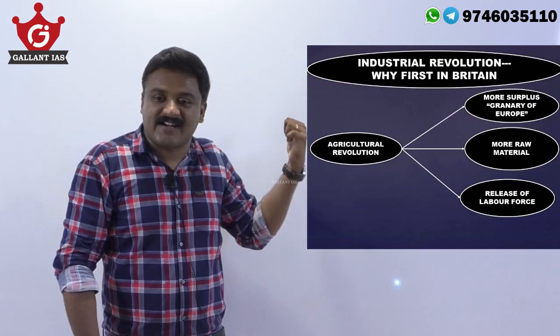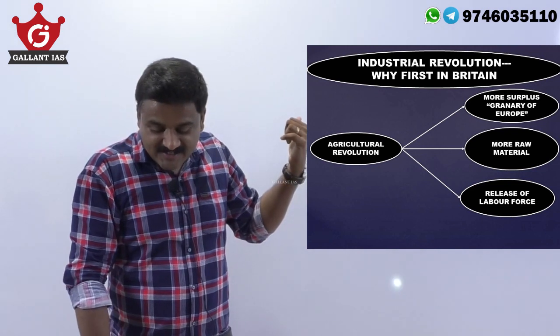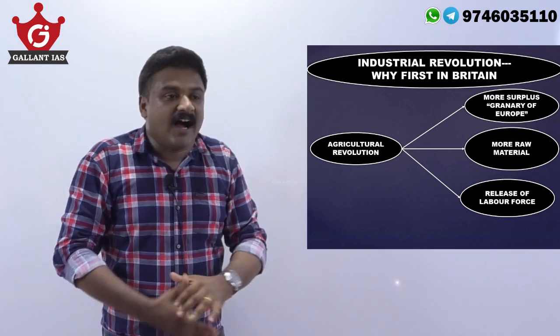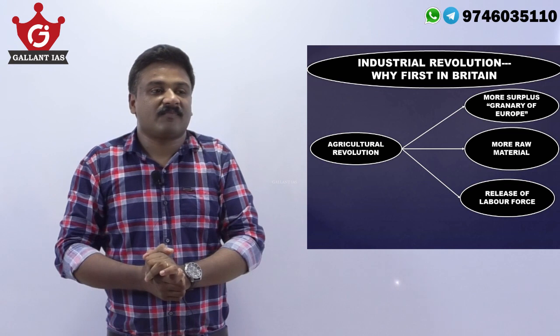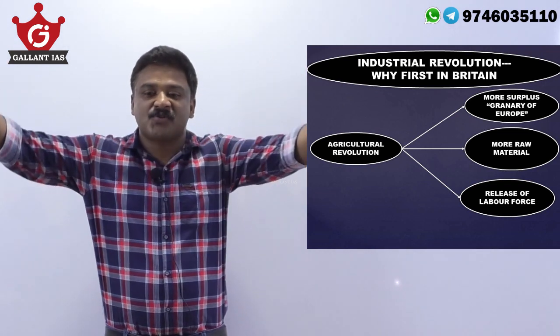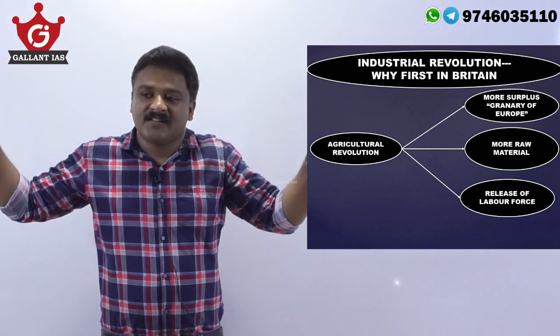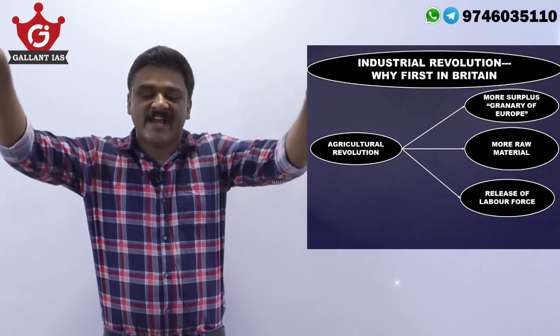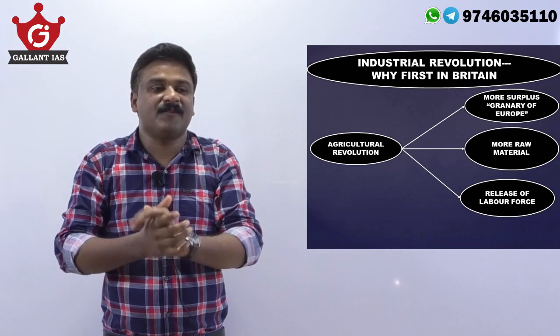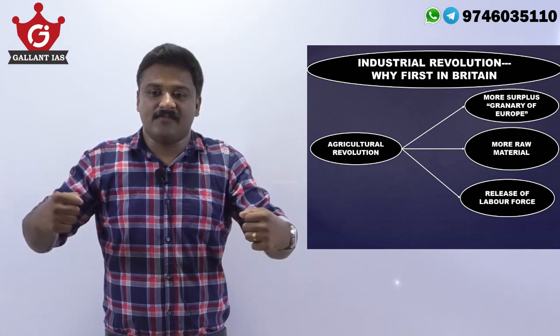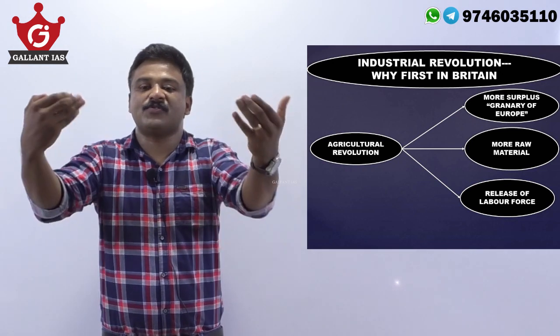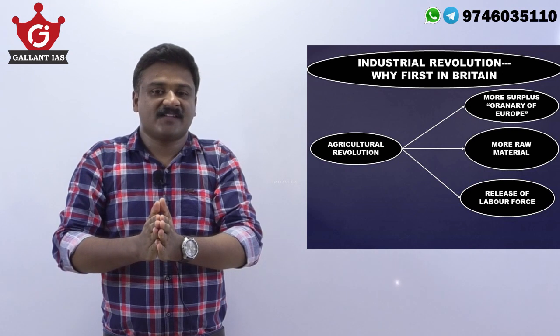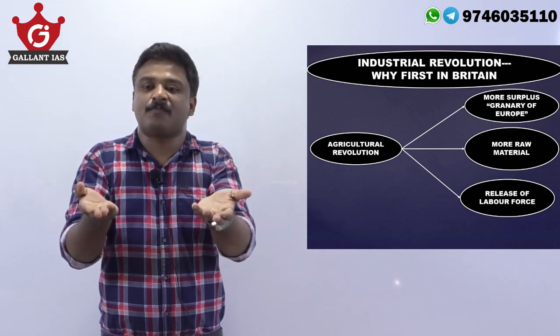The first reason we will discuss is the Agricultural Revolution. Under the Enclosure Acts, the small-scale cultivators were removed and a huge area was brought under a single owner, a single feudal lord. He started investing in the land and there was large-scale production.